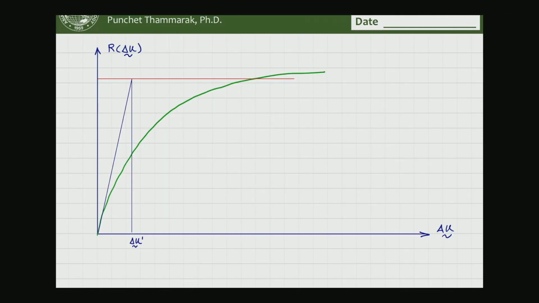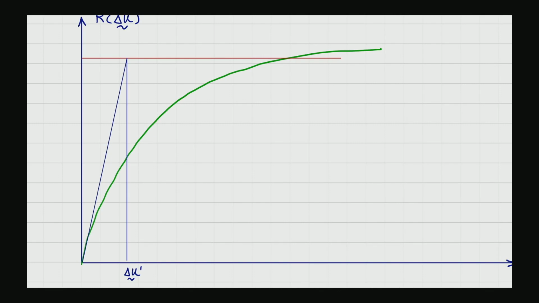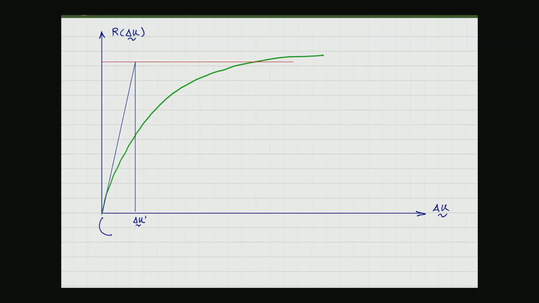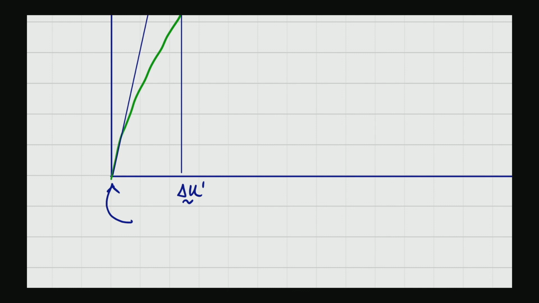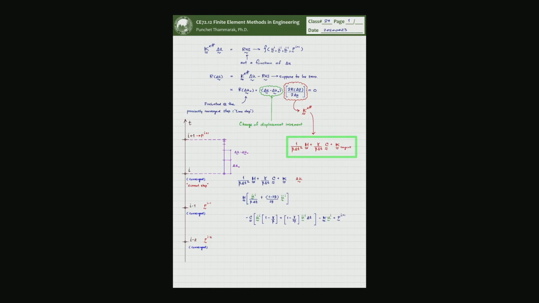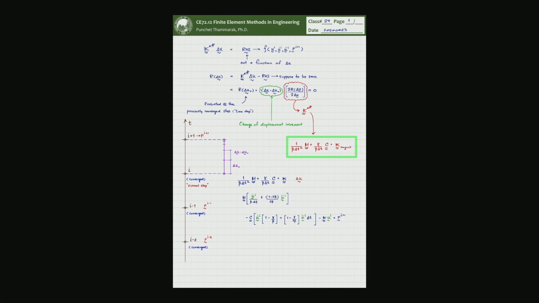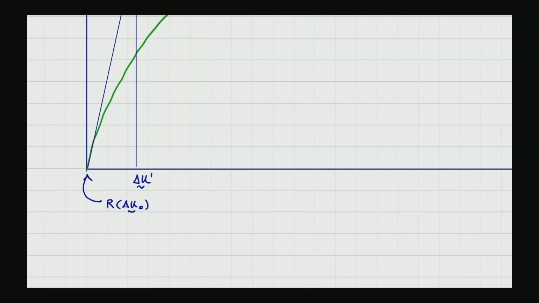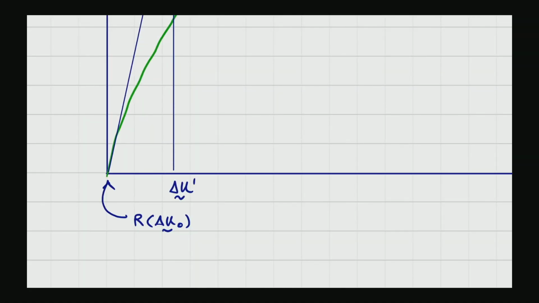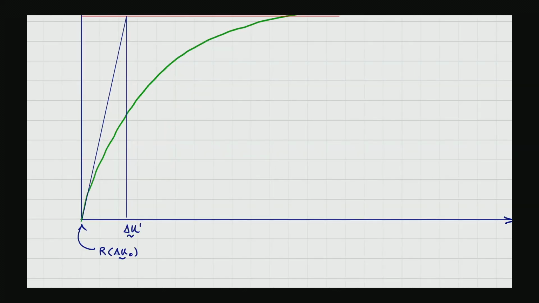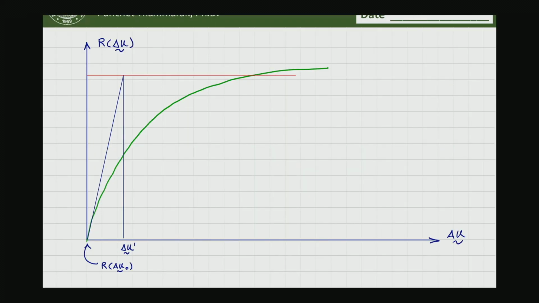And when I say that, first R was evaluated over here, right? The delta U0 in the meaning we had over there means the current point. Just understand it this way. So R at delta U0 is the current point value, and the current point value of R at delta U0 here is equal to 0.